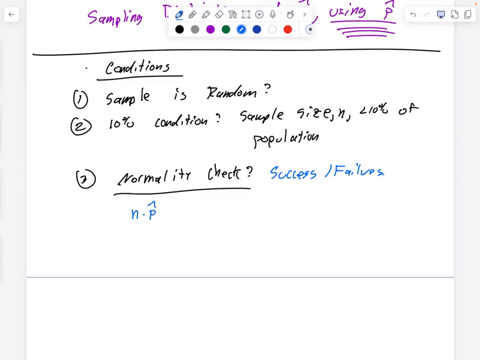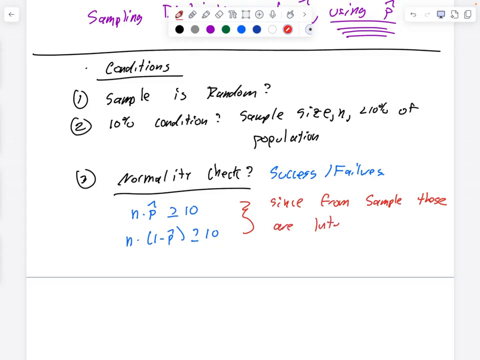Now, please note, because these are from the sample, these are integers. They are observed successes and failures.